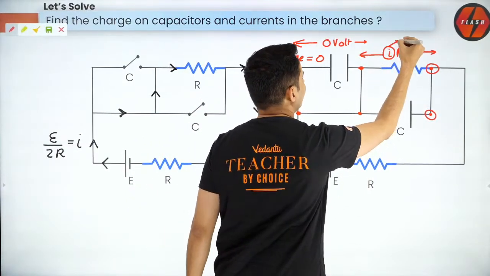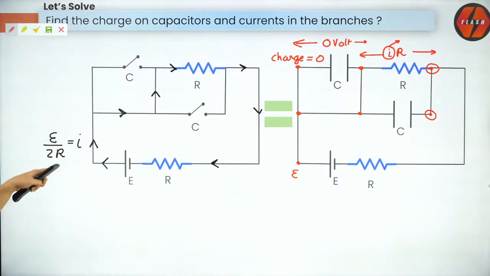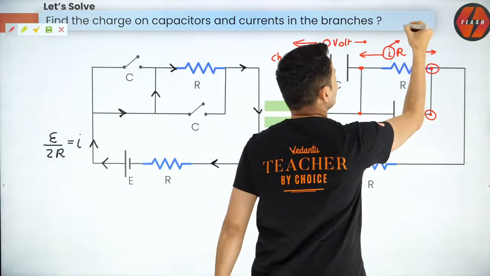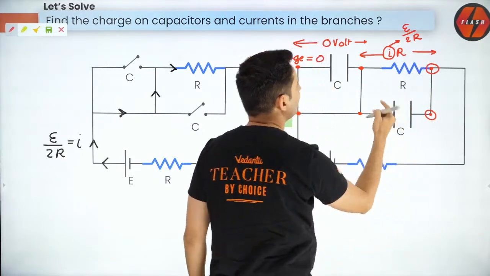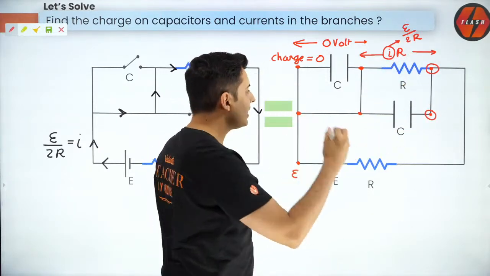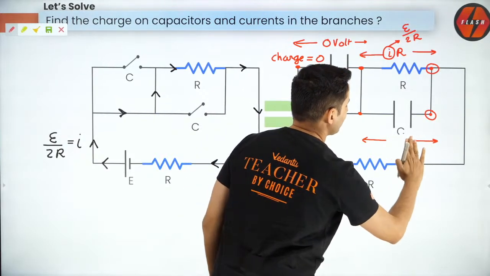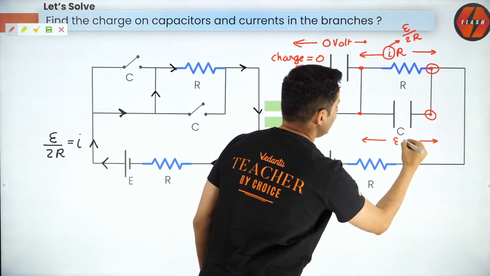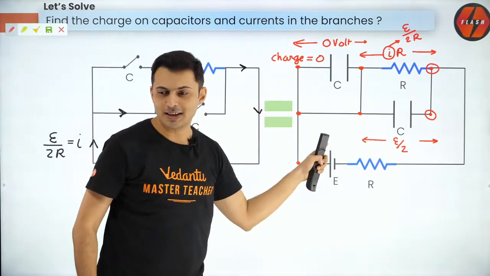But what is the value of I? I just calculated the value of I. It was E by 2R. Check it out. It was E by 2R. So just use I is equal to E by 2R. What is the voltage difference that you are going to get? R cancels. You will get it as E by 2. So can I say the voltage drop across that capacitance is E by 2? Is that understood, everyone? The voltage difference is E by 2.